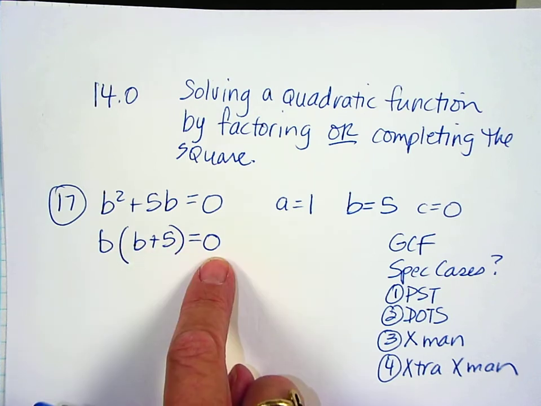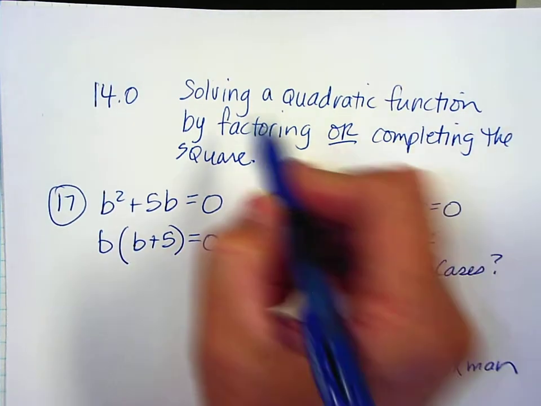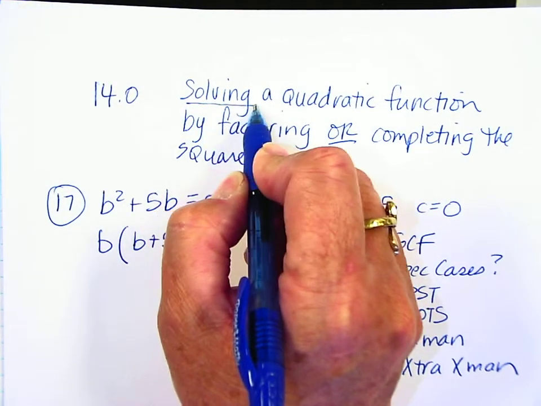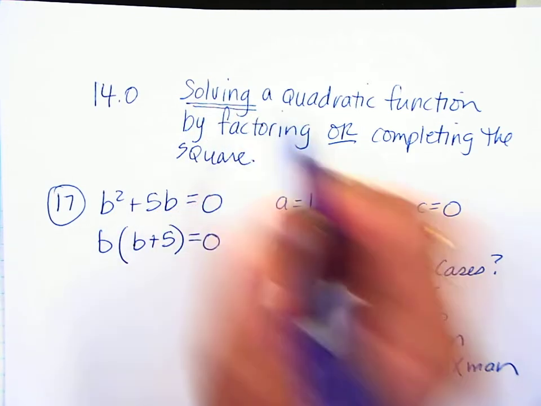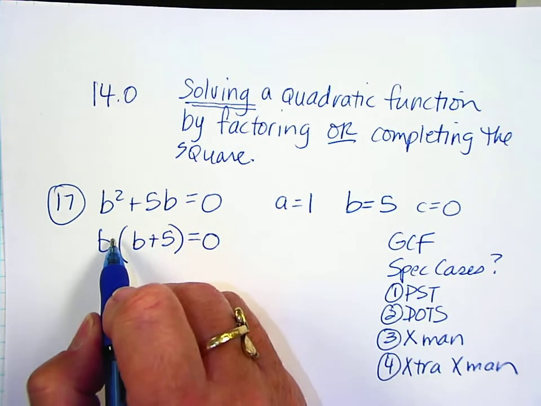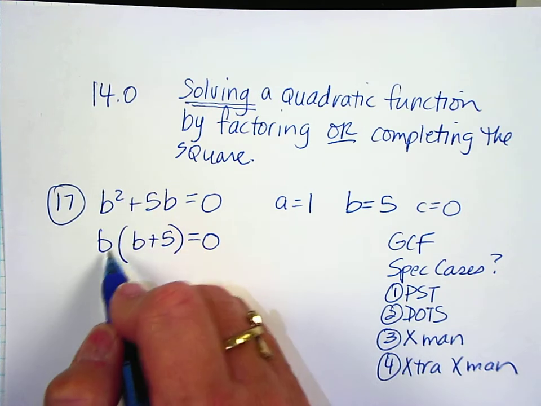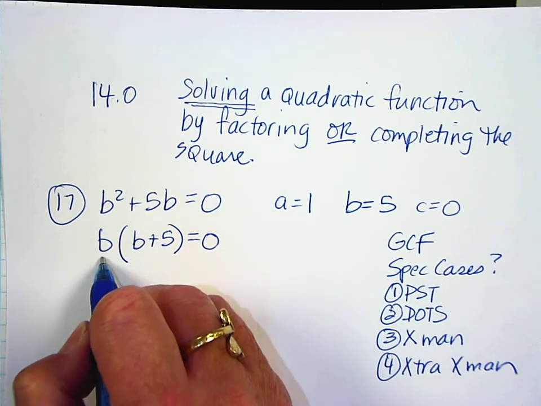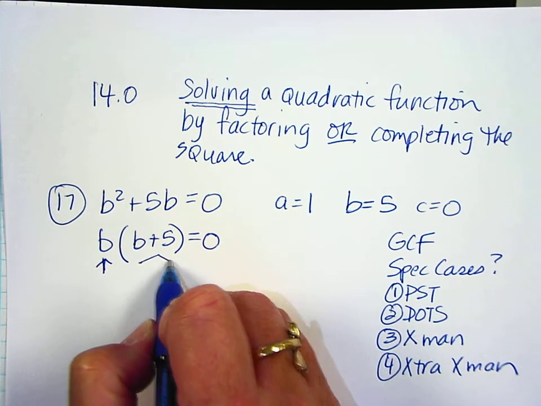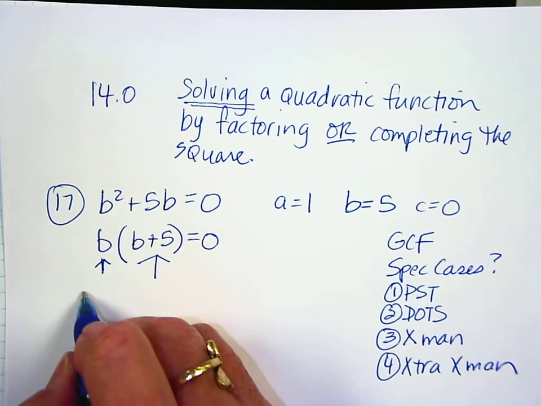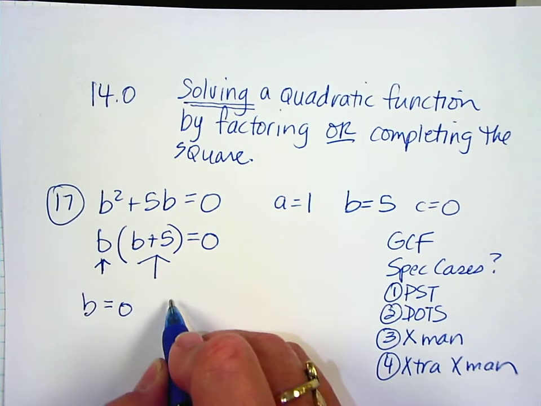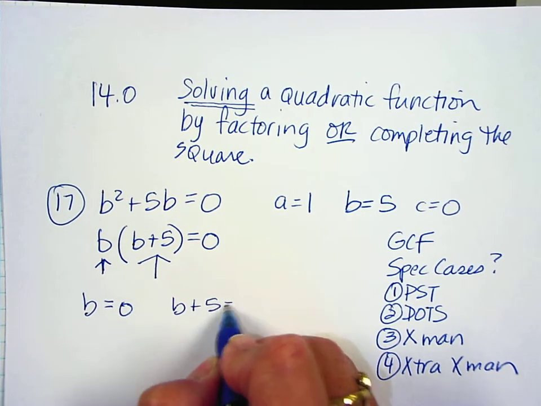So I'm done. So if I want to solve this, that means I have to find my x-intercepts. So I'm going to take every factor that contains a variable and set it equal to 0. So here's a factor, and here's a factor. I'm going to set them equal to 0, b equals 0, and b plus 5 equals 0.